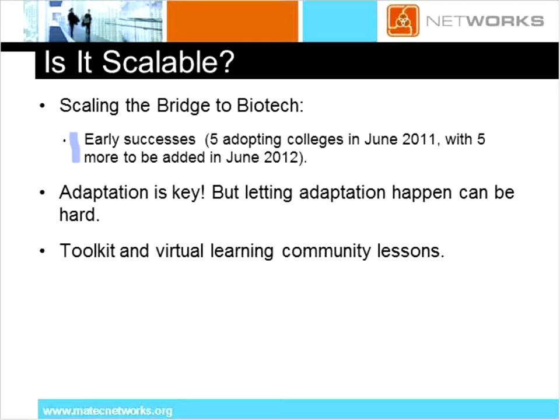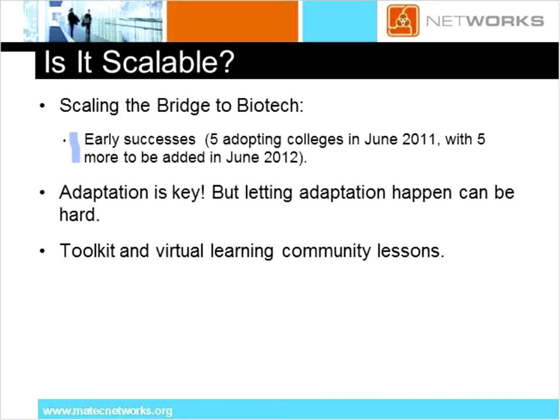Five colleges, 2 in Georgia, 1 in New York, 1 in Puerto Rico, and the 5th in St. Louis, joined us in June of last year to begin trying to replicate the Bridge to Biotech model. And we have 5 more that will be added in June, just in a month, so it'll be up to 10.